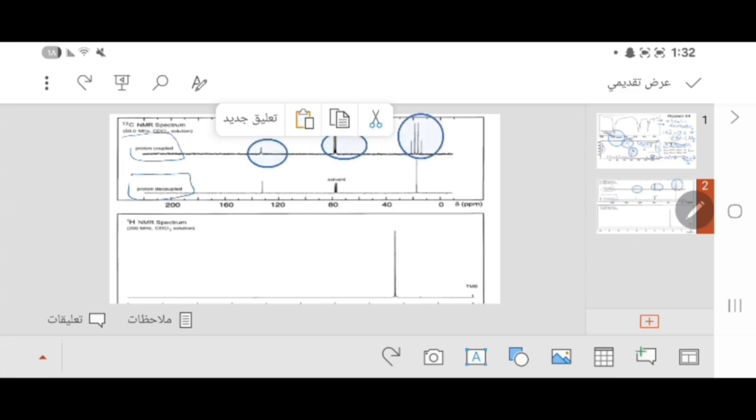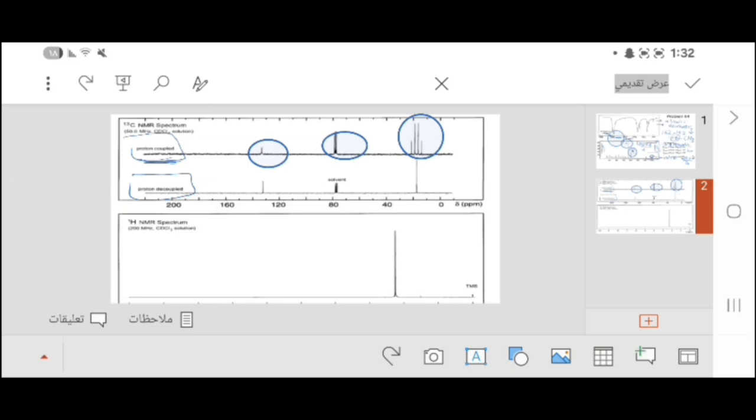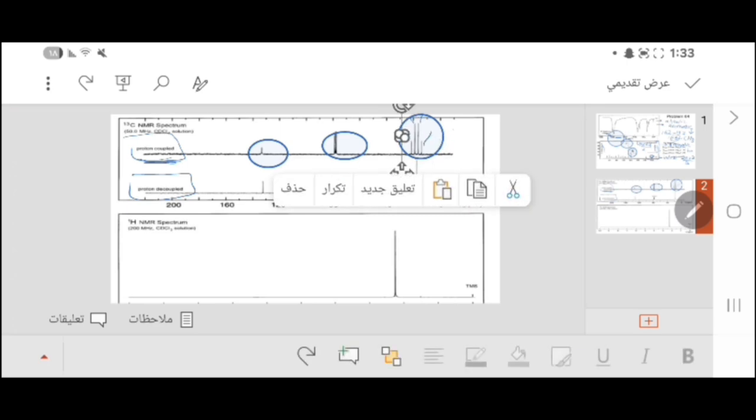Okay? When it comes to proton coupled, the splitting is different in CNMR. For example, for the proton decoupled peak, we should subtract 1 from the overall count of the peaks that we have. For example, if we have 1, 2, 3, 4, which is CH3, right?